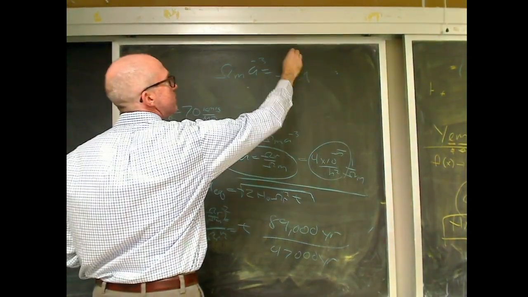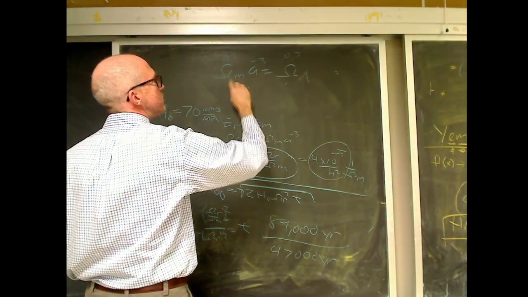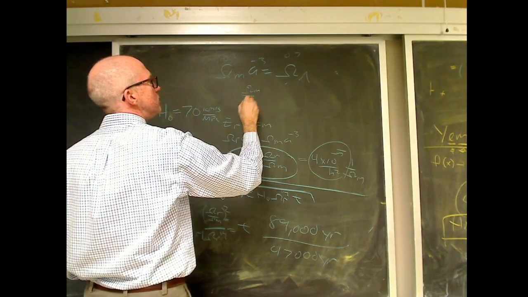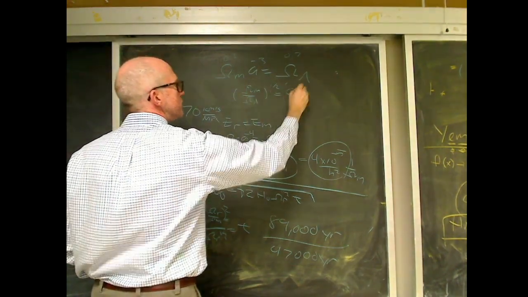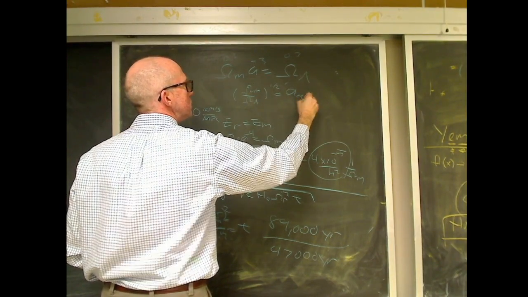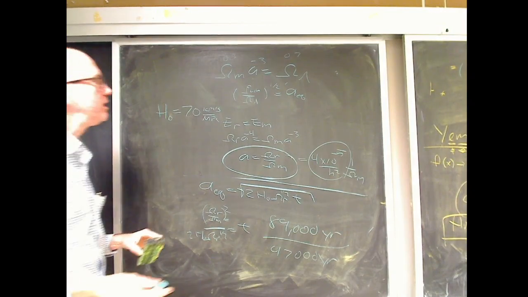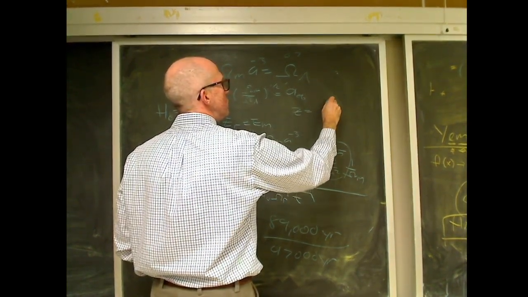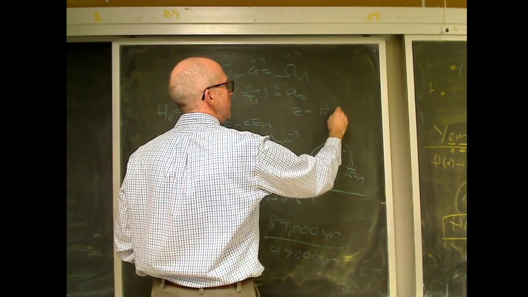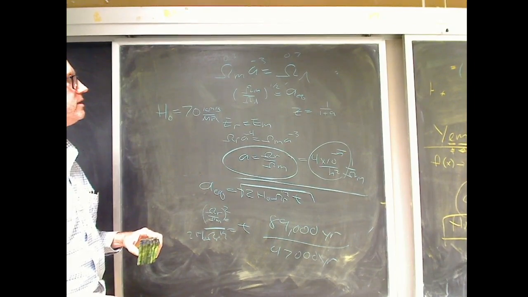So this is 0.7, this is 0.3, and a goes over there, this guy comes over here, and I get omega matter over omega lambda to the 1/3 equals a EQ. That's the equality scale factor that we want. And then the redshift is 1 over 1 plus a. Is that right?